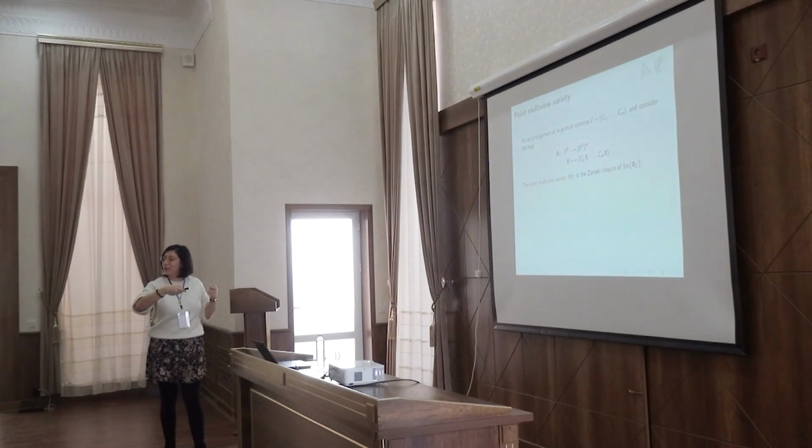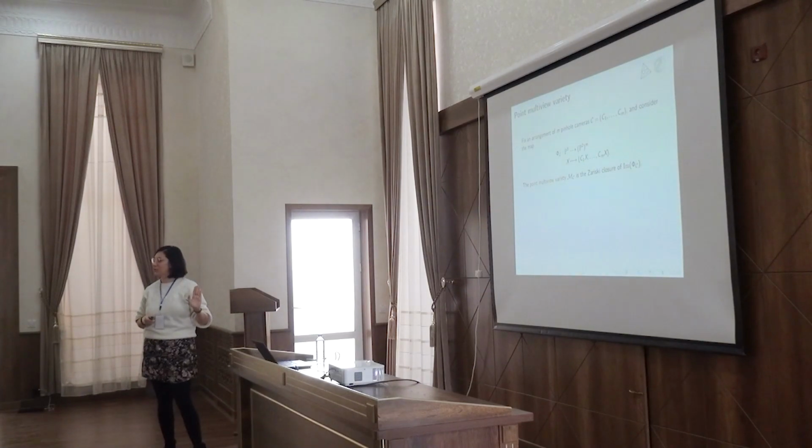Does everyone remember what Zariski closure means? No? Zariski closure is just the smallest set that can be described by polynomial equations. The problem is that when I just collect the points in the image, maybe that set cannot be described as the solution of polynomial equations.